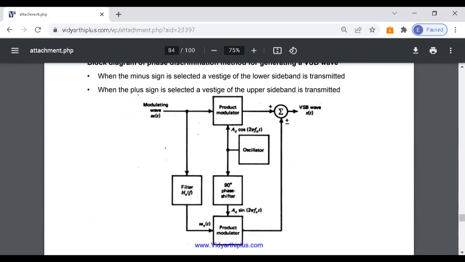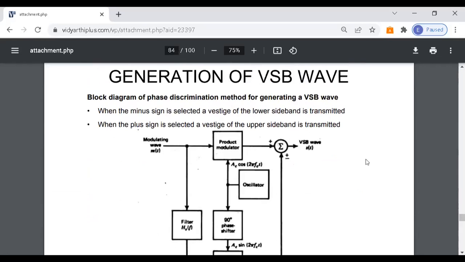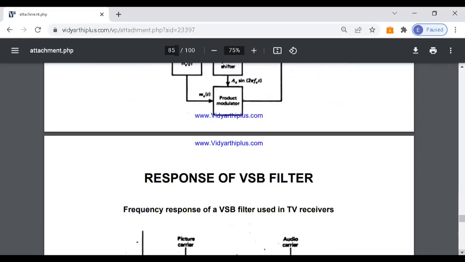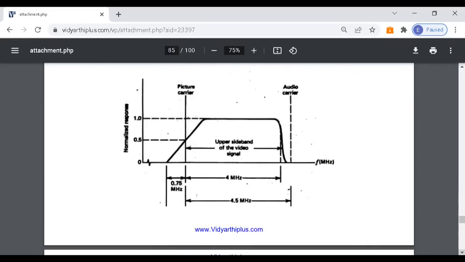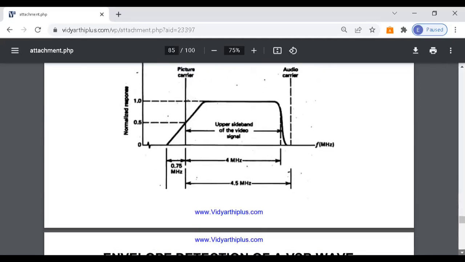So I guess this will answer your question. And that's what you get out through your filter.